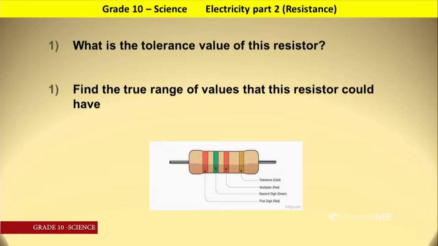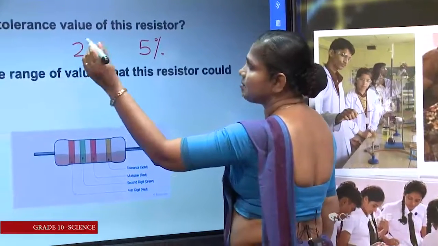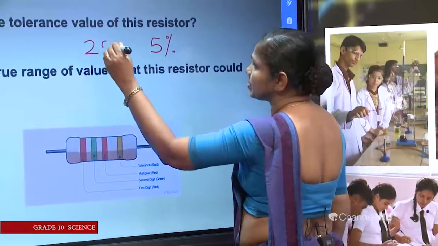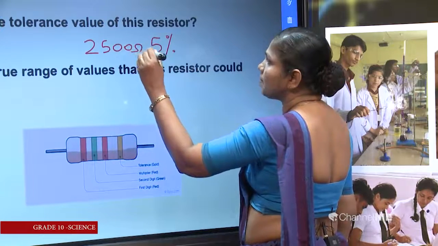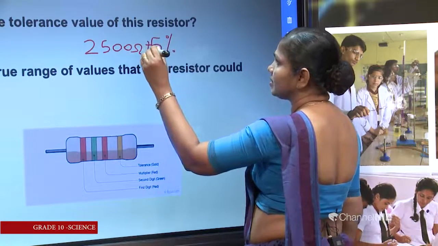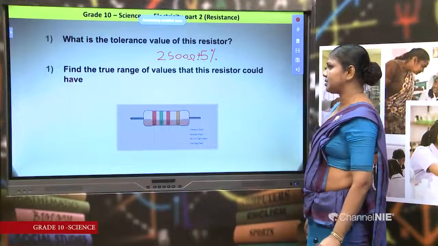Then the tolerance value is 5%. Then how do we write the particular resistor value with the tolerance value? Now we got the value of the resistor as 2500 ohm plus or minus 5%.